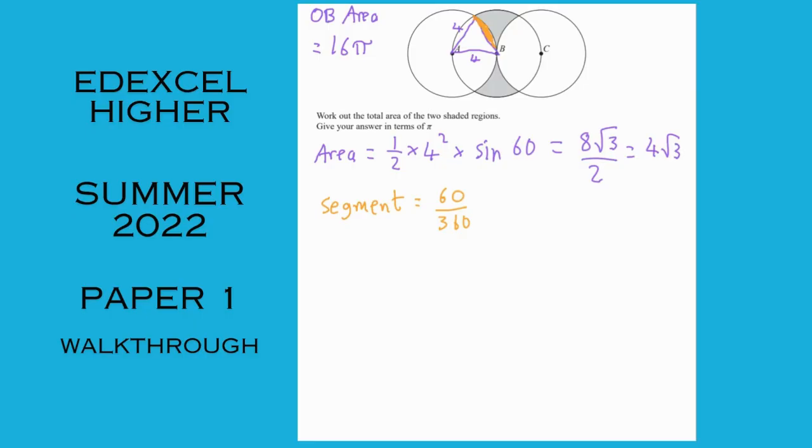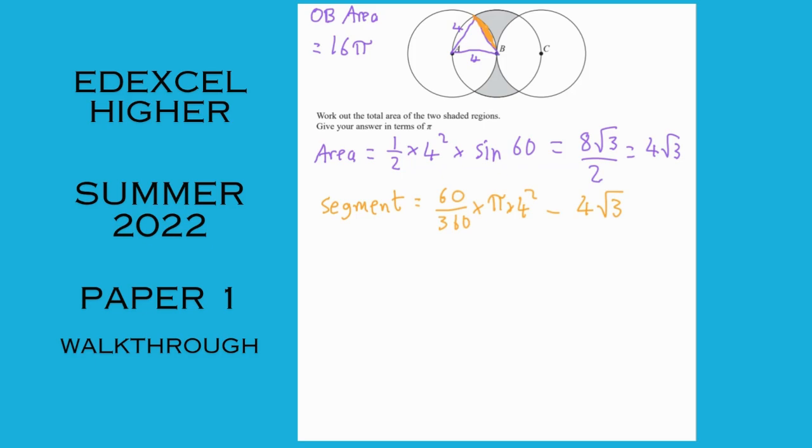It's x over 360, lots of pi r squared. That's the area of the slice of cake. But we want just the bit at the end, and as I mentioned, we need to take away the area of the equilateral triangle that's inside that slice.